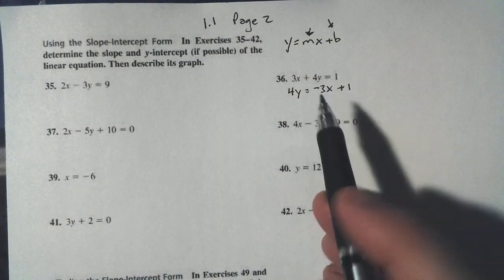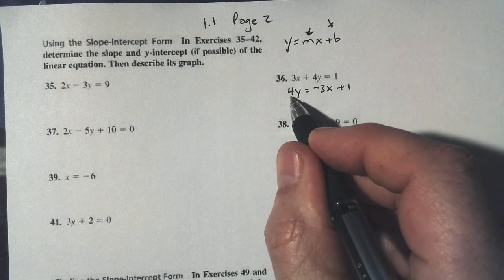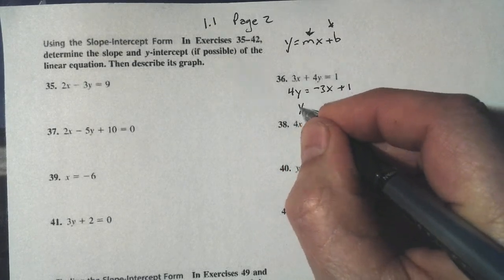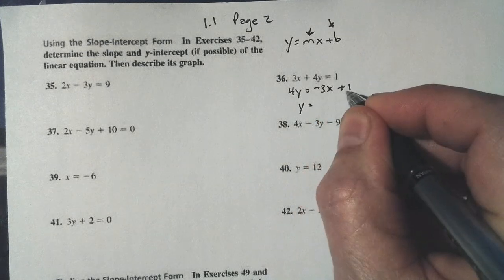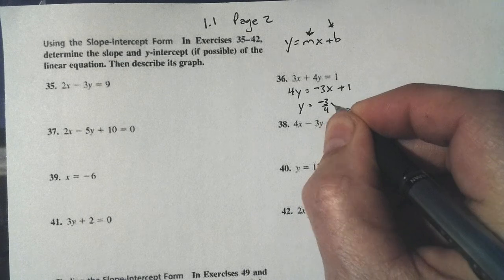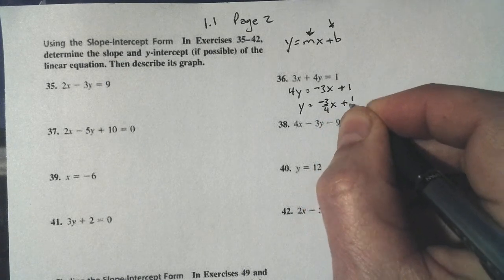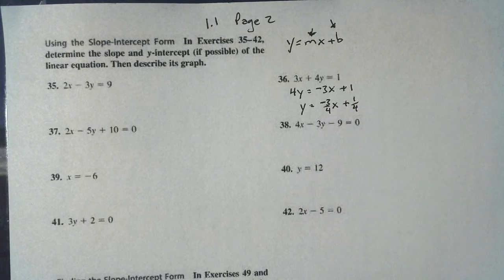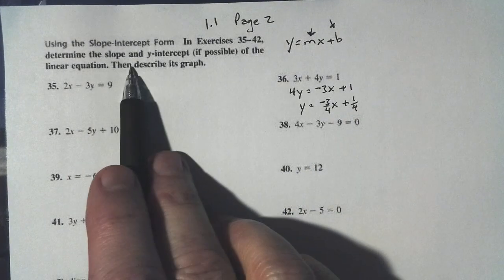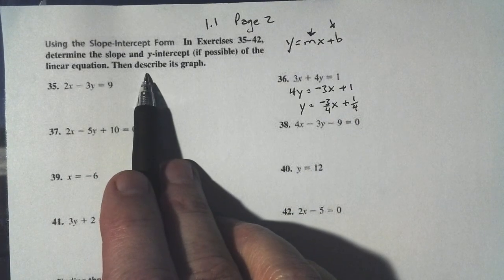In the next step, I need to divide both sides by 4, the entire side. So this would become y equals all of this over 4, or each term over 4. So, determine the slope and y-intercept, then describe its graph.